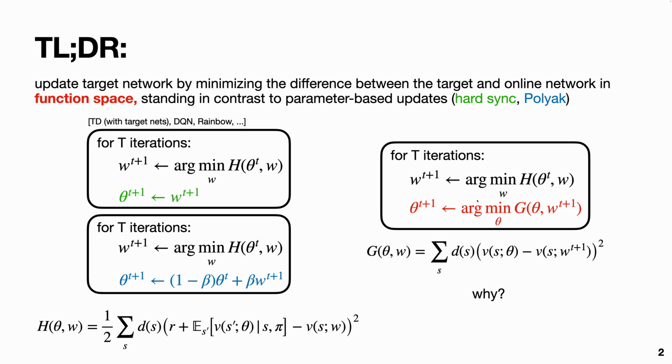Again, similar to the updates to the online network, we could minimize this error, or at least approximately minimize it, using gradient descent. And that's the actual practical version of the algorithm. Now, if you want to understand why this makes sense, then you have to be more patient and listen to the rest of the presentation.